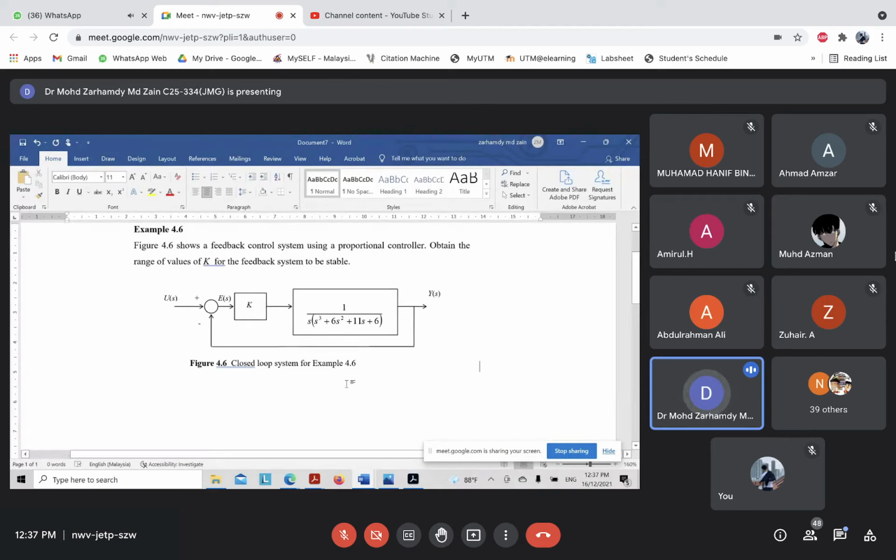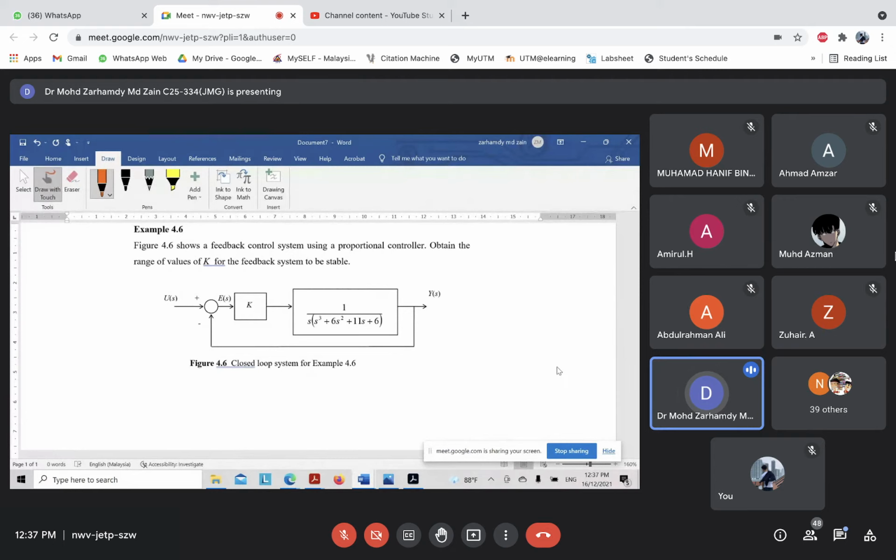You can do it while I go on. I'm trying to come up with the transfer function for this case.